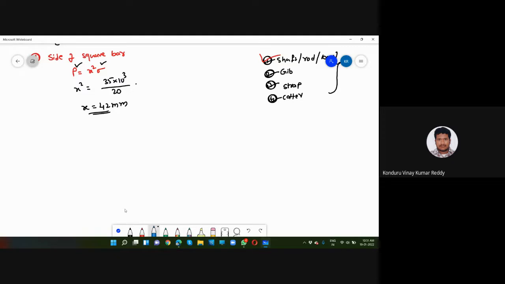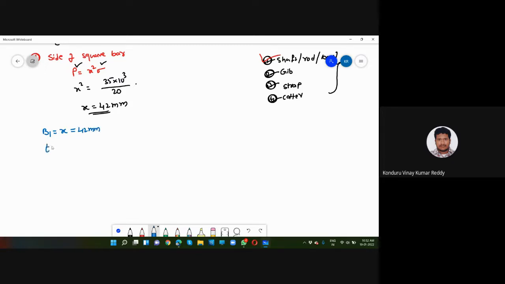By design considerations, b1 is equal to x. These are by design considerations, if not by design data book, we are going to determine these values. That is b1 is equal to b, which is equal to 42 millimeters.